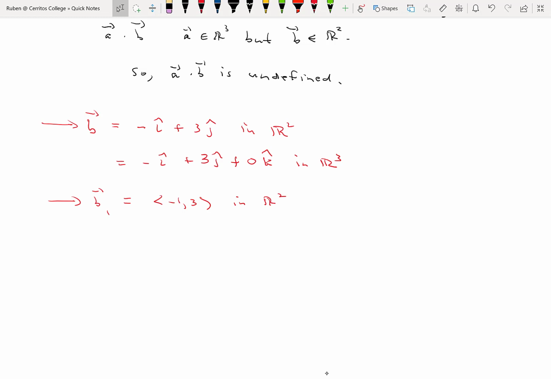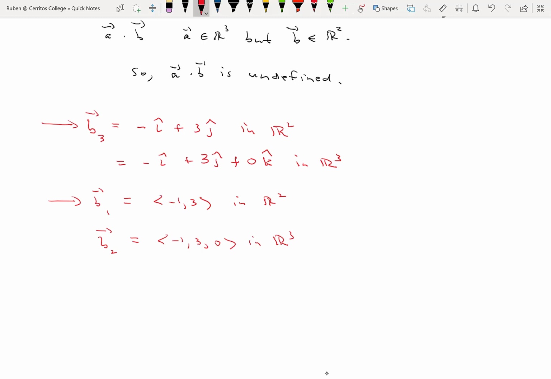You can't interpret the vector in component form with only two components as a vector in R3. It's in R2. If you want it to be in R3, you would have to write it as negative 1, 3, 0.